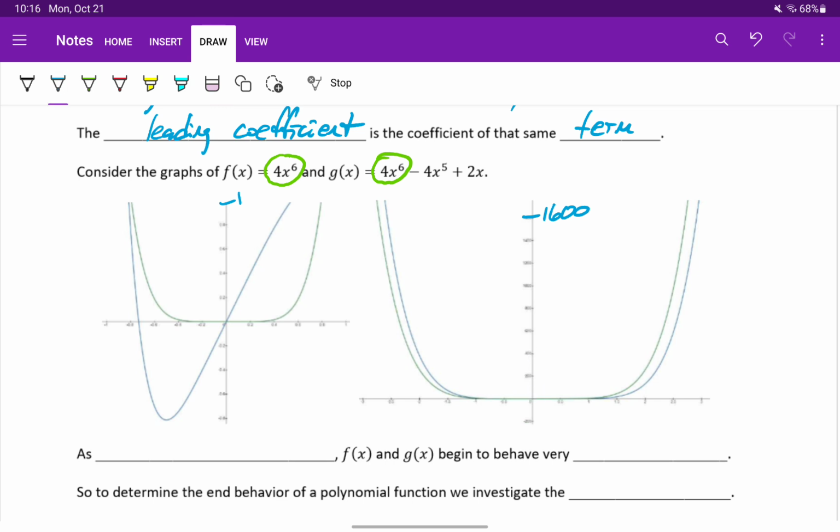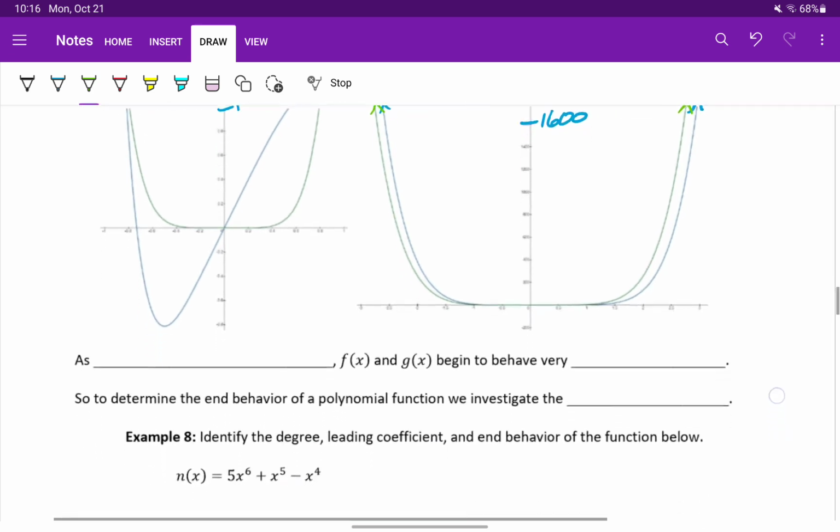And as we're considering x headed to positive infinity and negative infinity, we're just considering very large x values. What we can see is that the behavior of this function is very similar in both cases. Headed to the same direction on both ends, and as we continue to zoom out those curves, we continue to get closer and closer together.